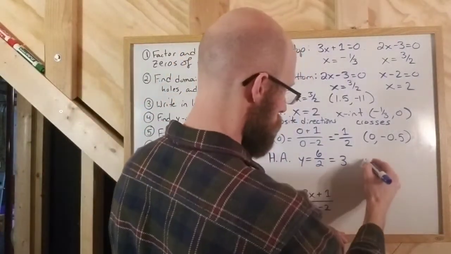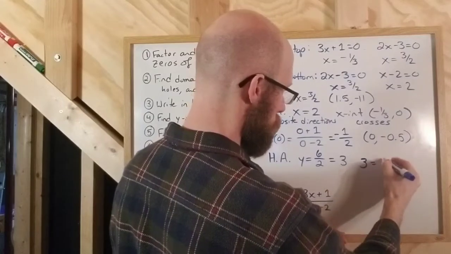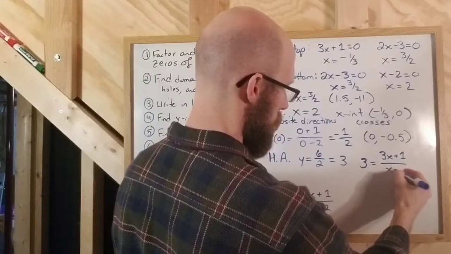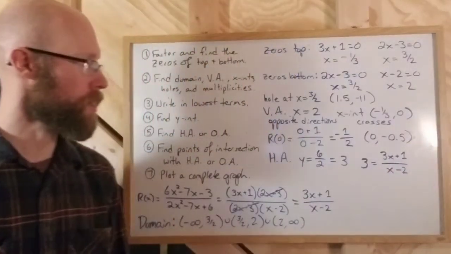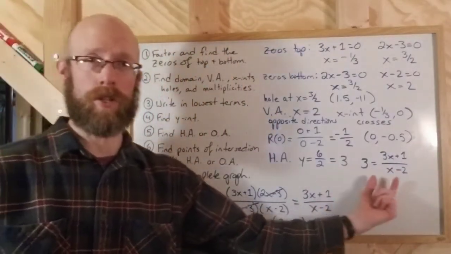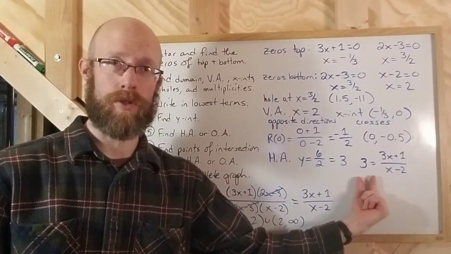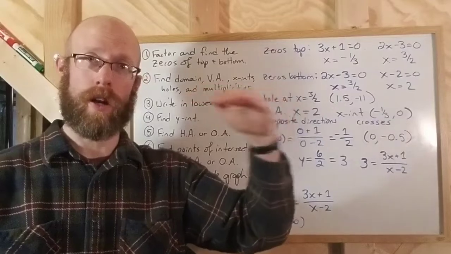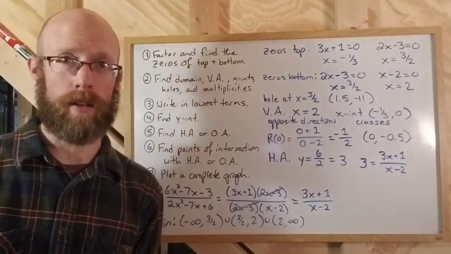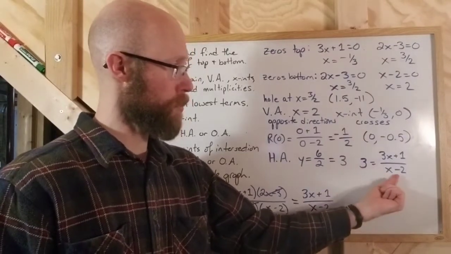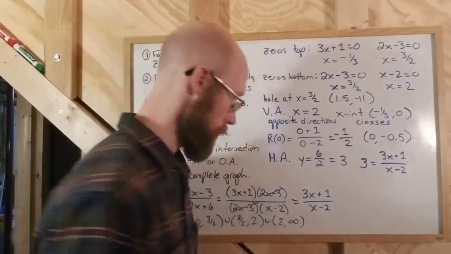And so we solve the equation 3 equals 3x plus 1 over x minus 2. So we're looking for the x value where the function equals 3. That means the function crosses a height of 3, which is where your horizontal asymptote is. Okay, so to solve this, I would multiply both sides by the denominator of x minus 2.